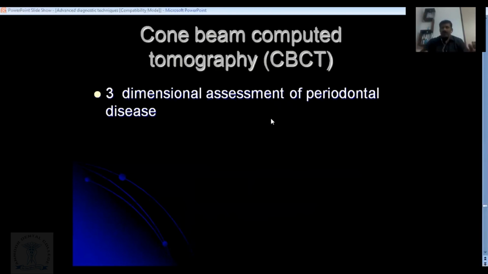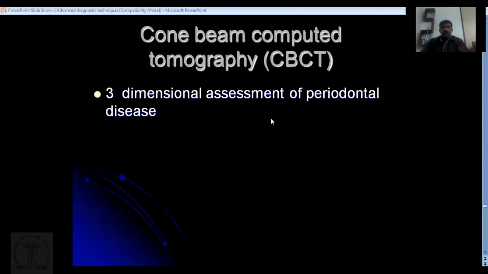In all other radiographs you probably get a two-dimensional picture. Here you get a three-dimensional picture. So if it's a 3-wall defect, 2-wall defect, angular defects, whatever the bony architecture, it can be easily assessed by means of this CBCT.